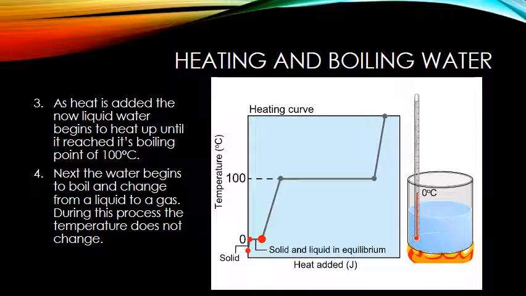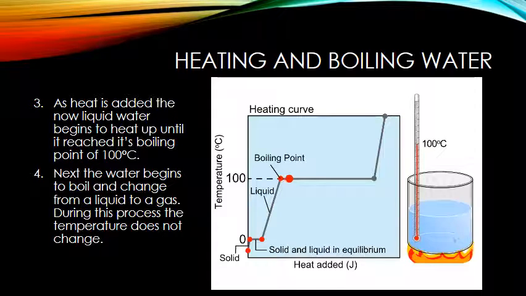It's all become liquid. As we add more energy to the beaker, the water is going to go from 0 degrees Celsius and be heated to 100 degrees Celsius, to its boiling point. So as the heat's being added, we're just warming up the liquid. When it reaches 100 degrees Celsius, then the liquid can begin to boil.